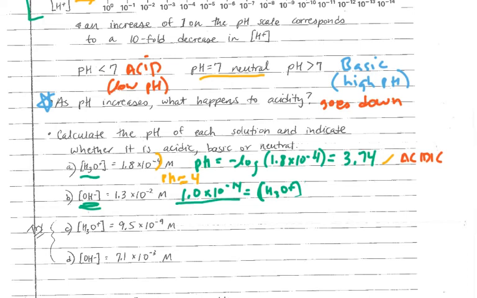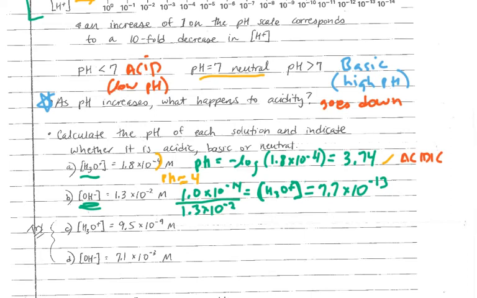And so I'm going to divide this by the concentration of the hydroxide ions, so it's 1.3 times 10 to the negative 2. So I get a hydronium ion concentration of, drum roll, 7.7 times 10 to the negative 13.